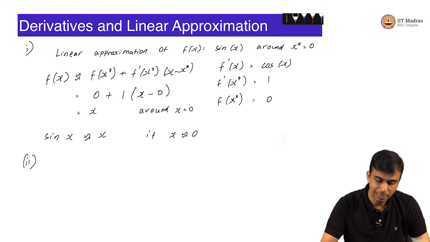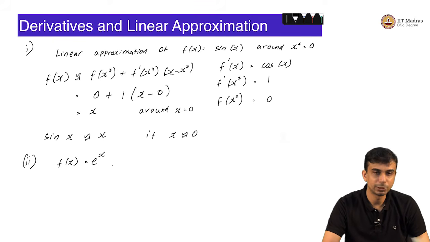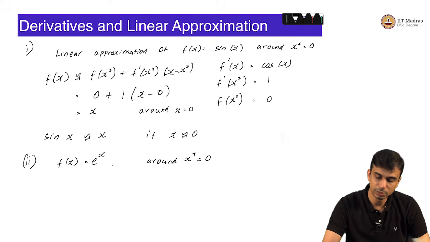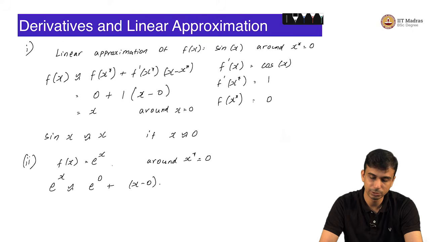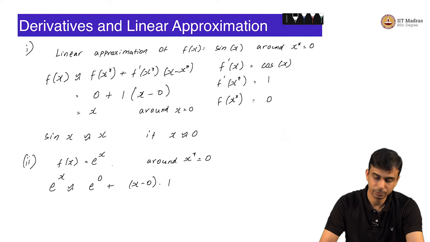Let us do one more classic example. Let us say f of x is equal to e power x. I want the linear approximation of this function around x star equal to, let us say, 0. In this case, e power x is approximately equal to e power 0 plus x minus 0 into f dash of 0, which is equal to 1.